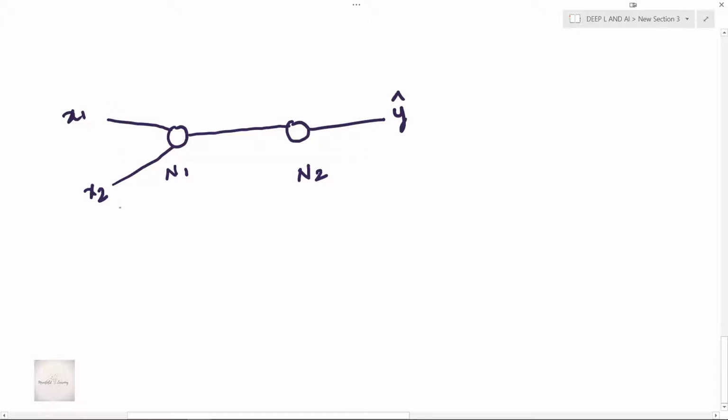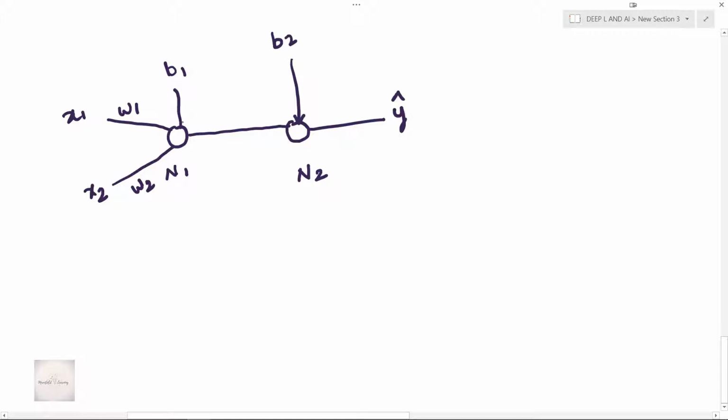Since X1 and X2 are the inputs, I'll call W1 and W2 the weights with respect to the inputs X1 and X2. Since each neuron will have its own bias, I'll call B1 the bias of the N1 neuron and B2 the bias of the N2 neuron.